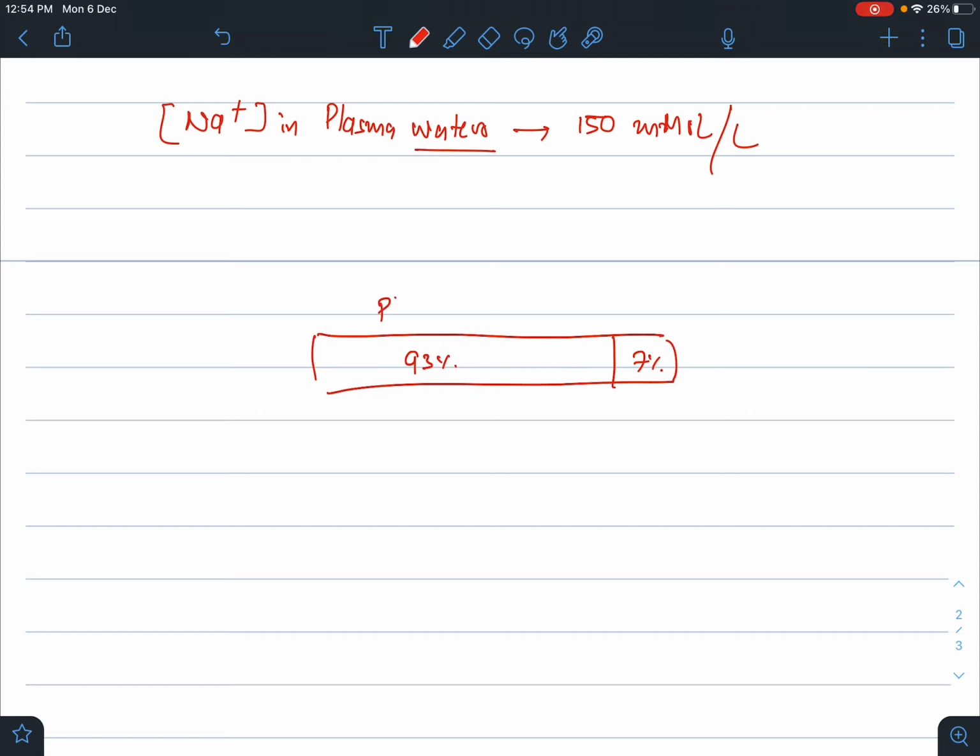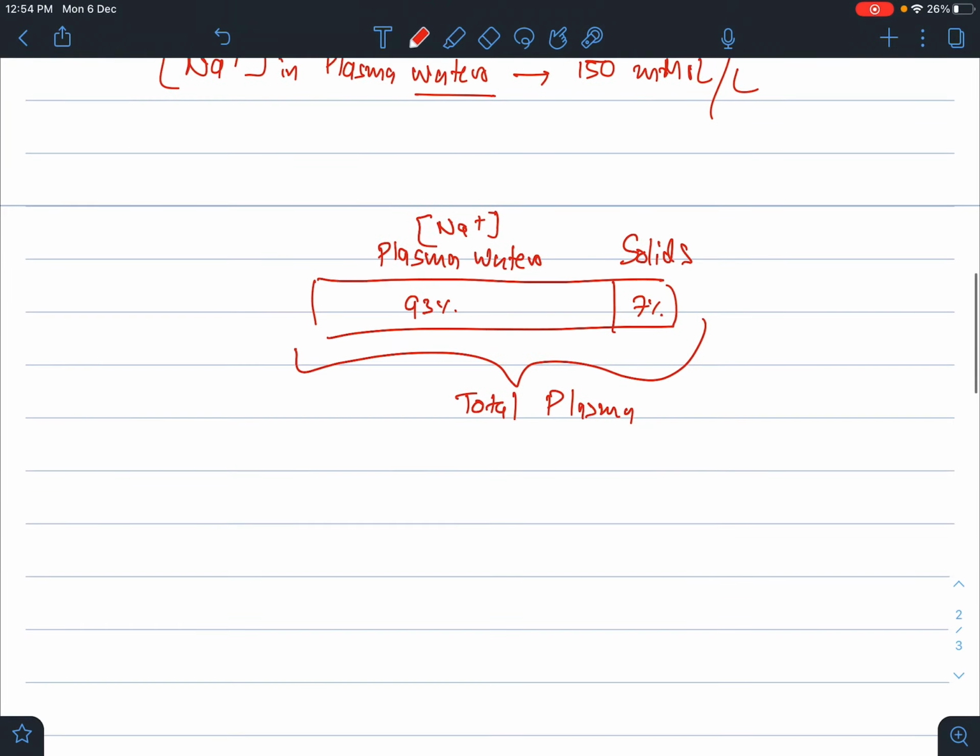This is plasma water, and these are solids. Sodium actually lies here in plasma water, very obvious, but we measure in this whole compartment, total plasma. So let's say we are talking about example 1.